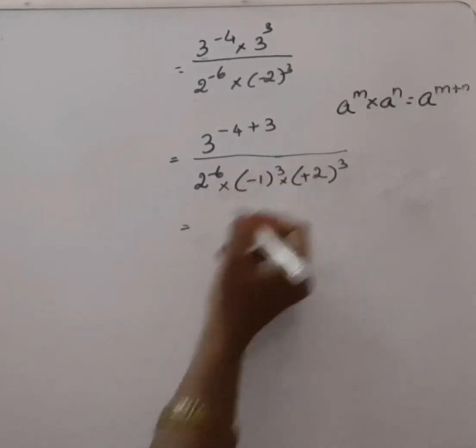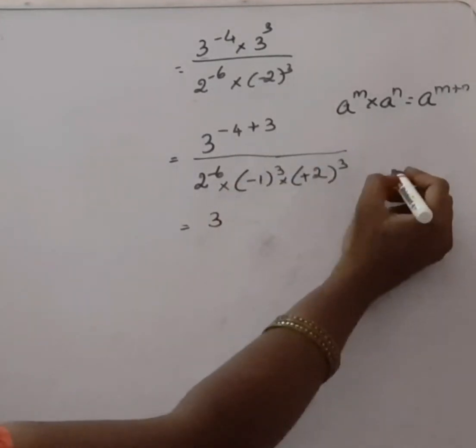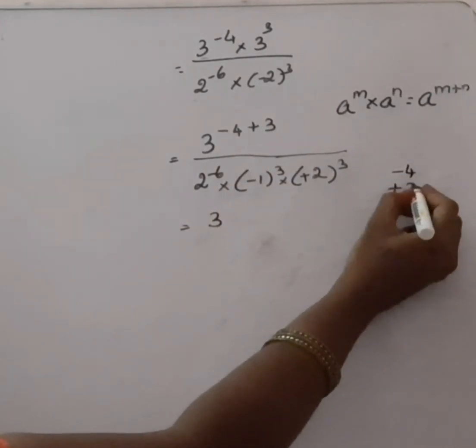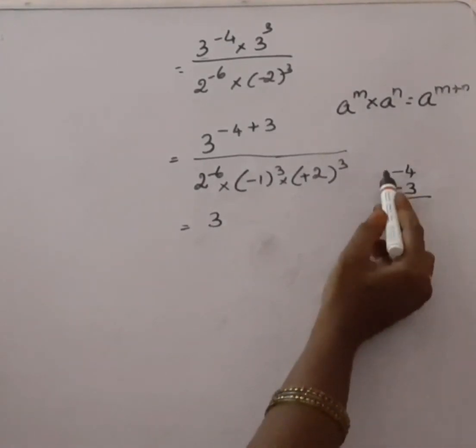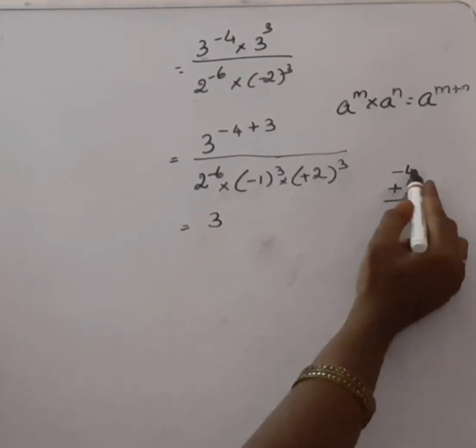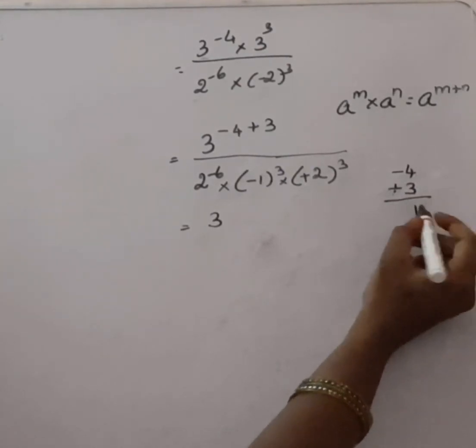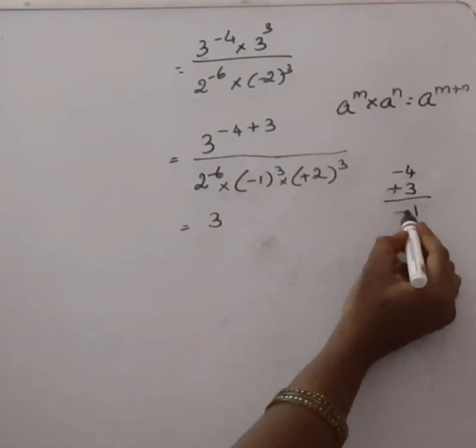These are all in multiplication. Now, 3 power minus 4 and plus 3. Already I said that if we have two different signs, we want to subtract. So, minus 4 and plus 3, when we subtract, what we get? 4 minus 3 is 1. The greater number's sign is negative, so minus.